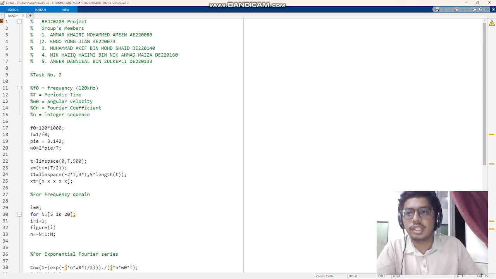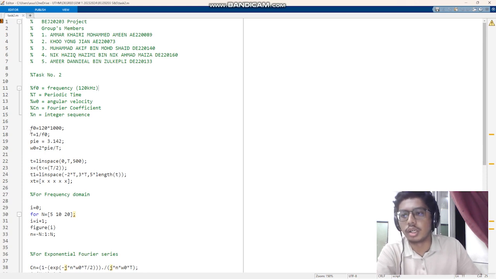Alright, as you can see on your screen right now, we have the group members' names here. Then I'm going to explain lines 11 until 15. F0 is the frequency given by the lecturer, which is 120 kHz for our group, capital T is the periodic time, omega naught is the angular velocity, Cn is the Fourier coefficient, and n is the integer sequence.